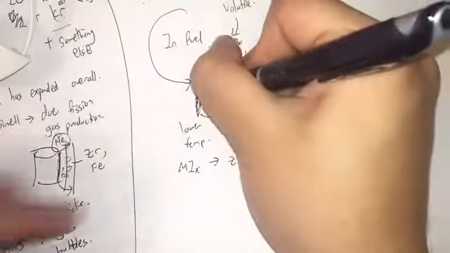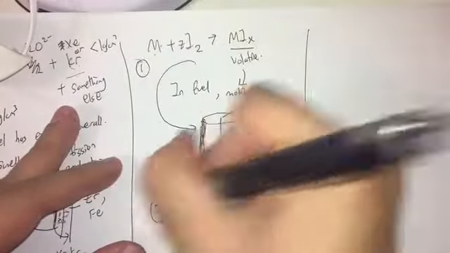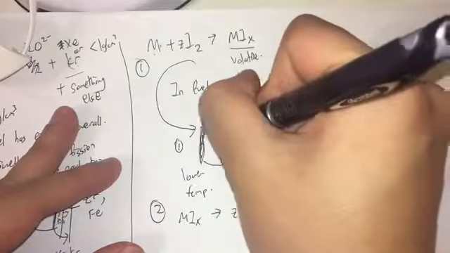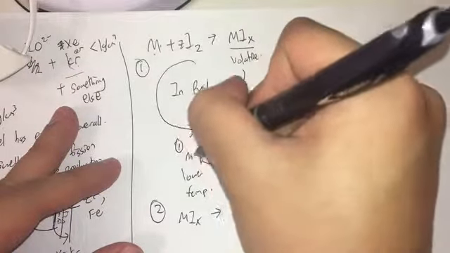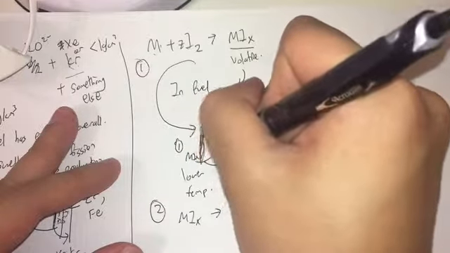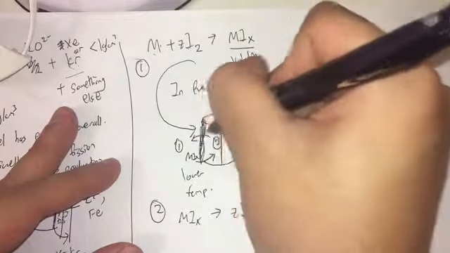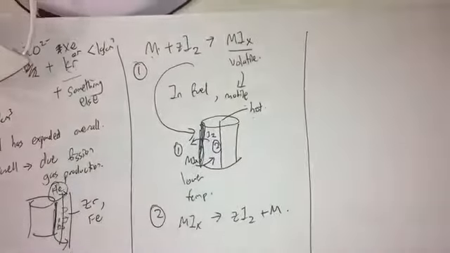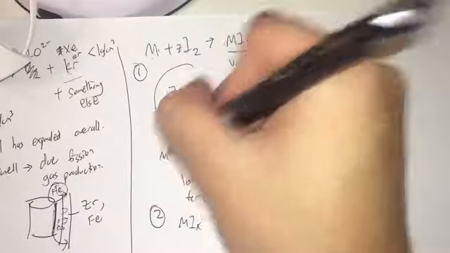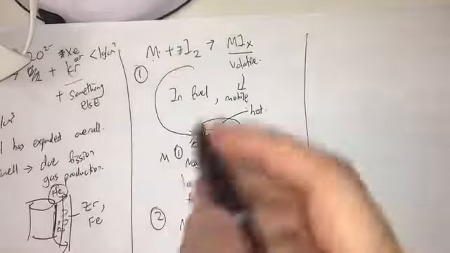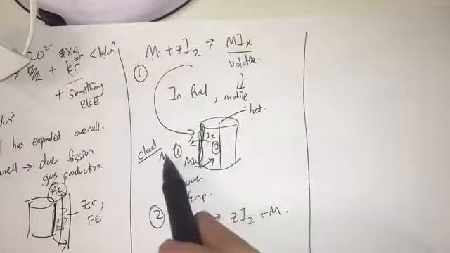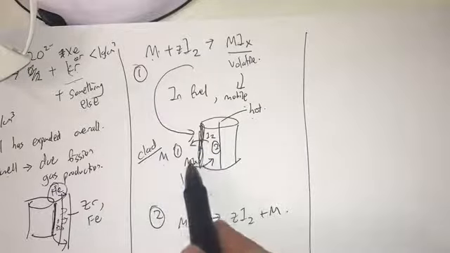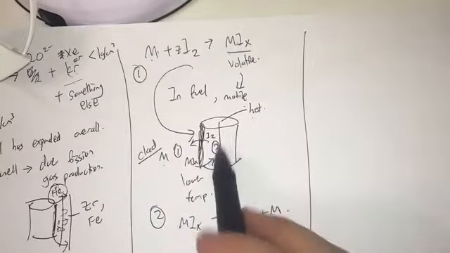So this is reaction 1, this is reaction 2. Reaction 1 happens on the outside, reaction 2 happens on the inside. So we have the metal iodide going towards the center and iodine coming out. The metals are out here, for example the cladding, so they react with the iodine. The metal iodide goes to the center and deposits the metal in the center.